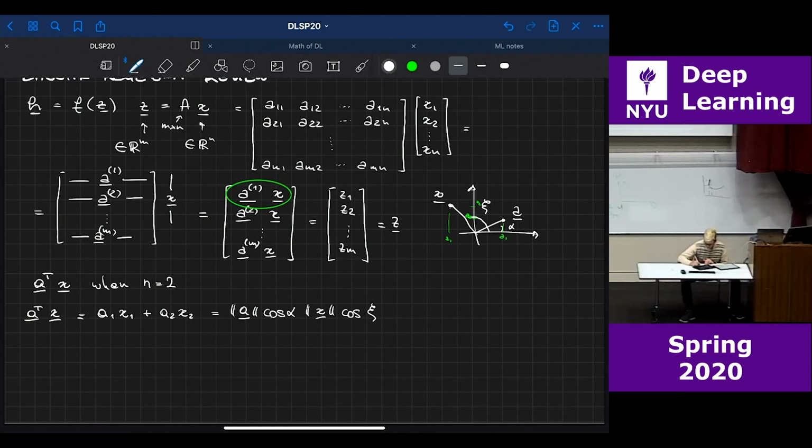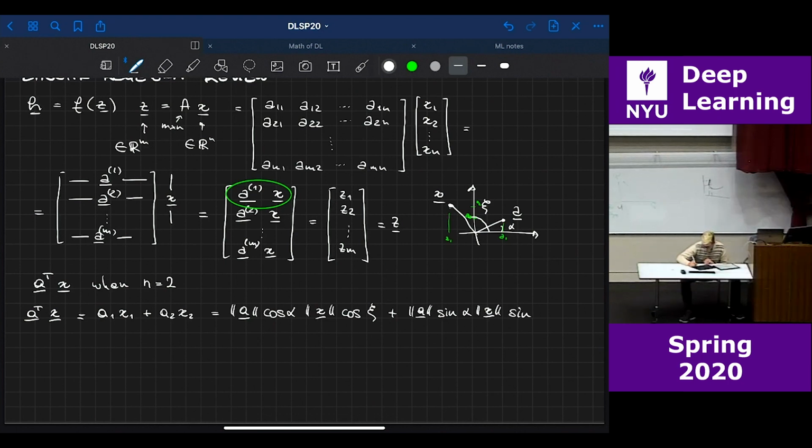And then you have the second term, which is going to be what? Magnitude of A times sine of alpha, then magnitude of x times sine xi.